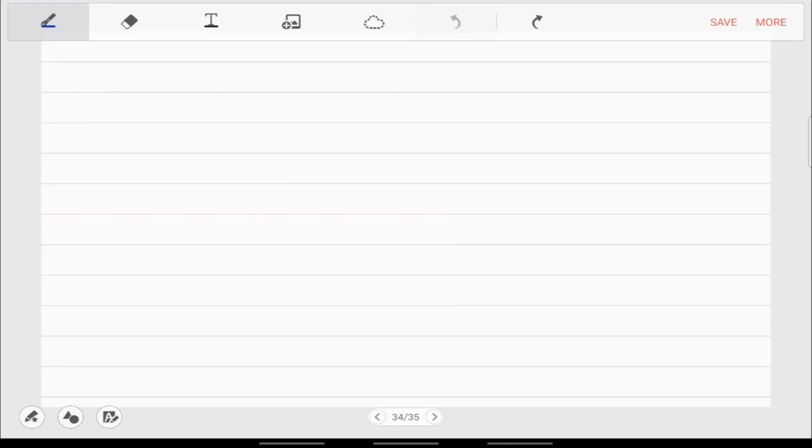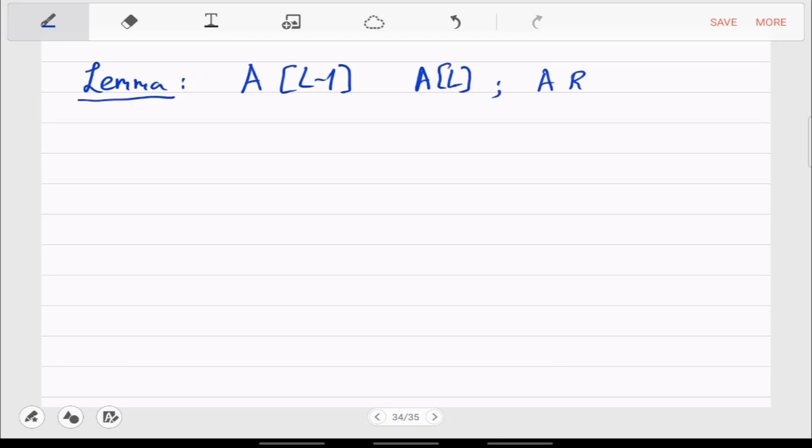So let's make it a lemma. That L minus 1 value and L value, and the R value and R plus 1 value.